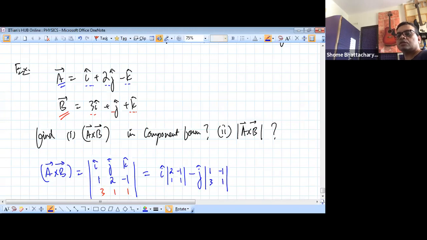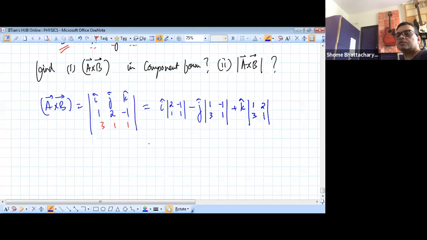And then the third term always comes with a plus sign again, and you isolate out the third column. So first and second column. So 1, 2, 3, 1. And next step, you just solve this further.